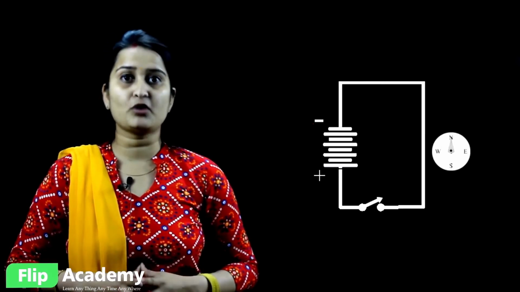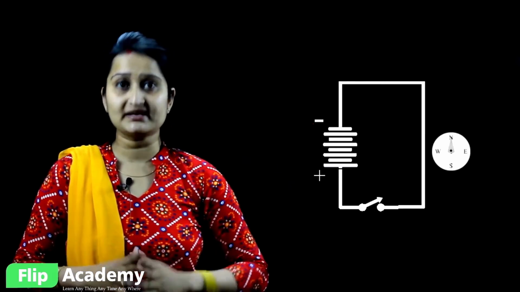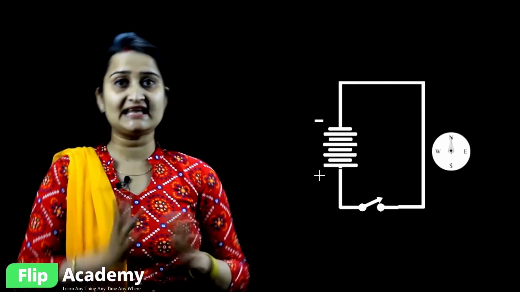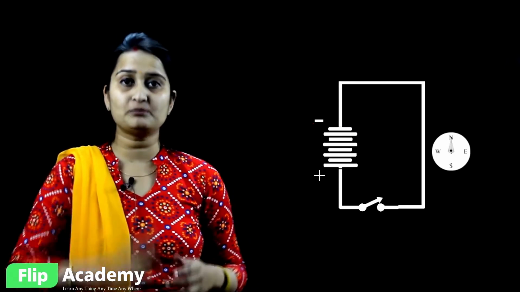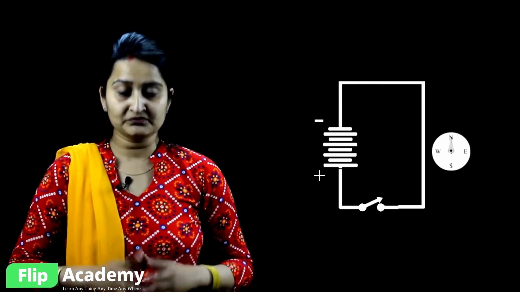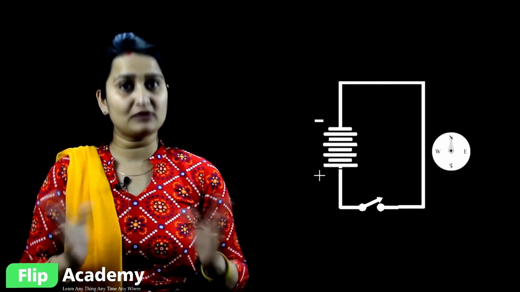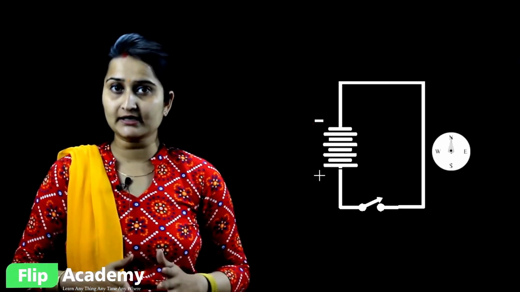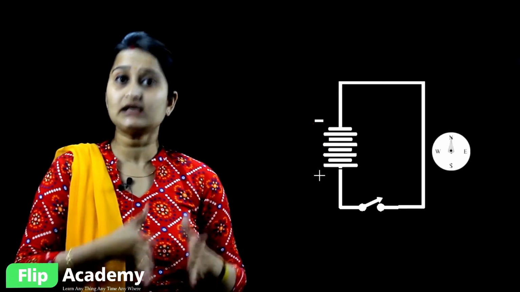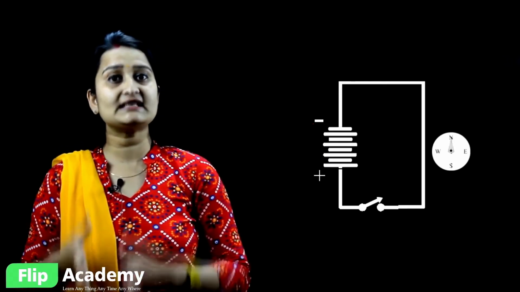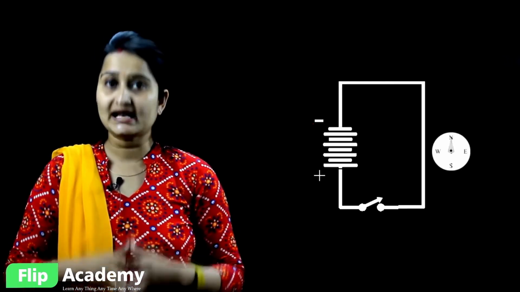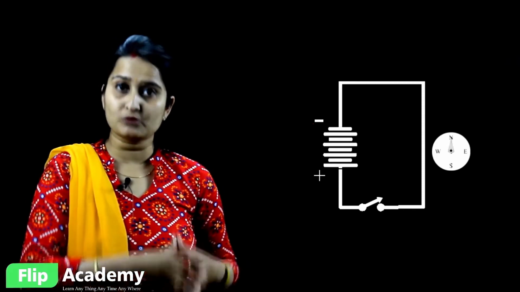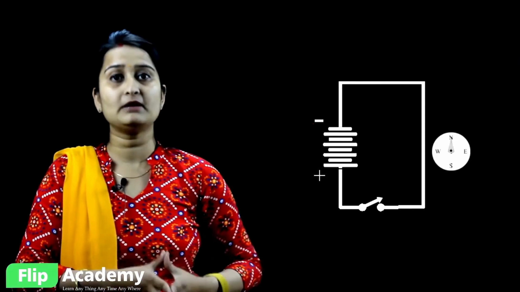That is, if it pointed towards the right-hand side, then after changing the polarity it will point towards the left-hand side. So when the polarity is changed, the direction of the magnetic effect created by the current also changes. The direction of the magnetic effect depends on the polarity of the power supply. So this is known as electromagnetism.